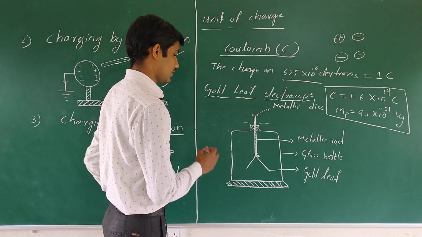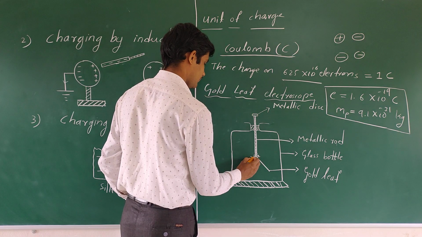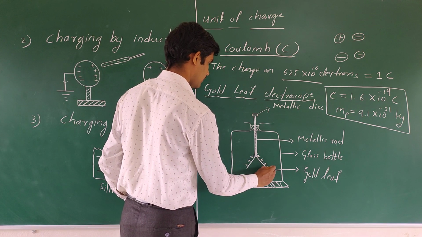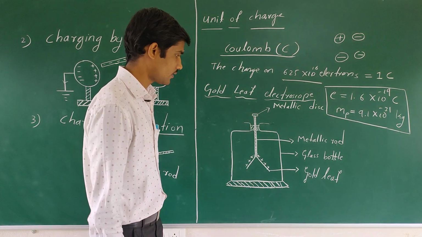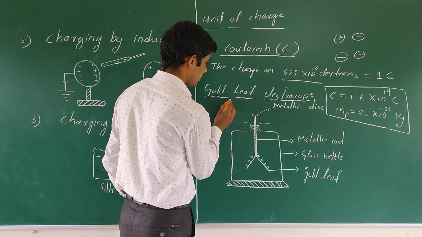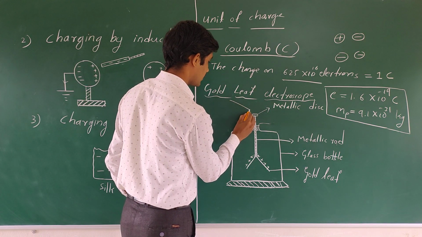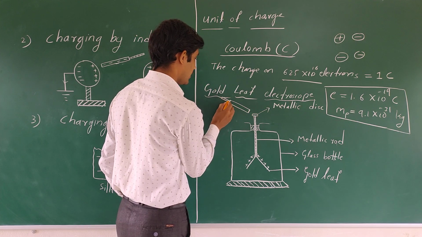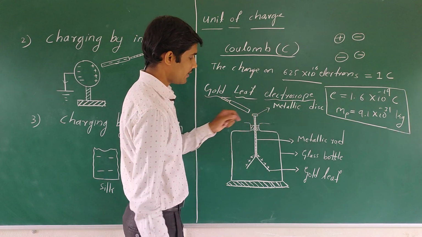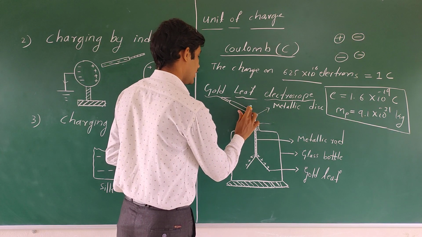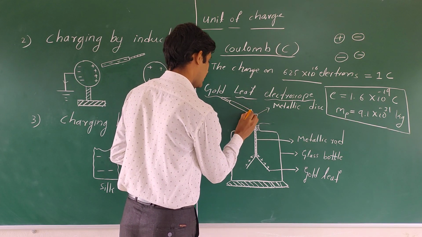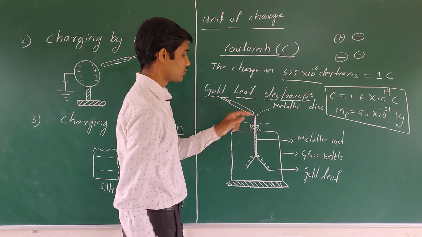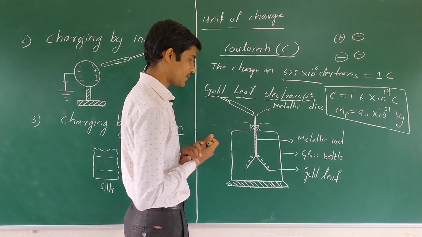Here we will charge the gold leaves by any one of the methods. If you bring the charged body near the metallic disc, or make contact of the charged body with the metallic disc, what happens?